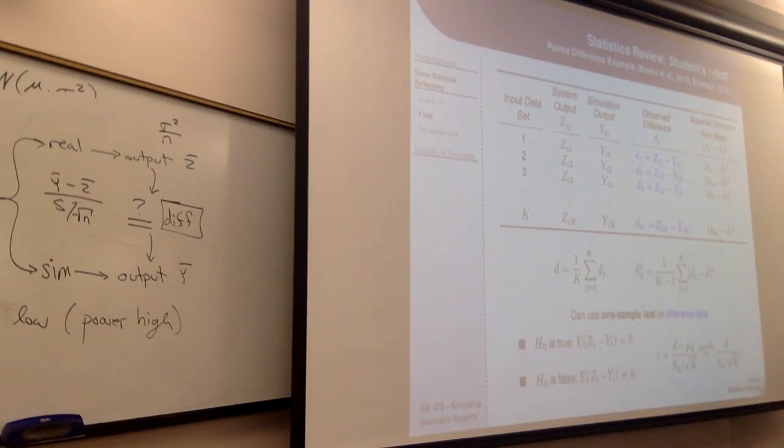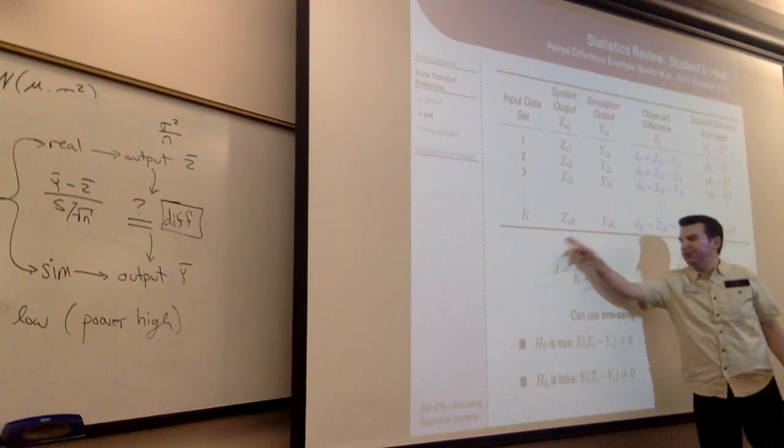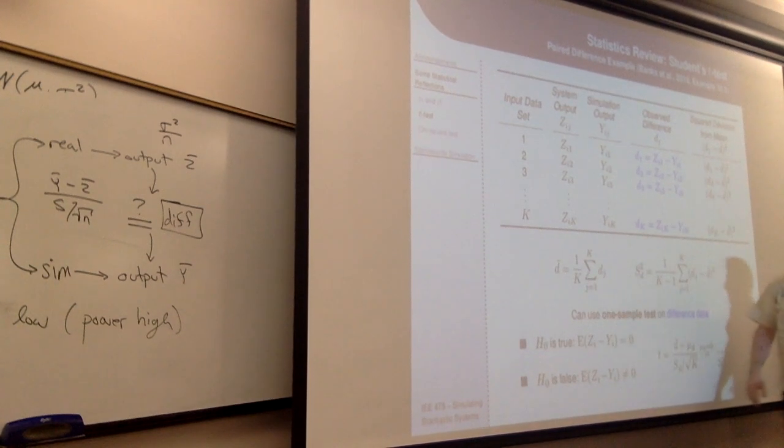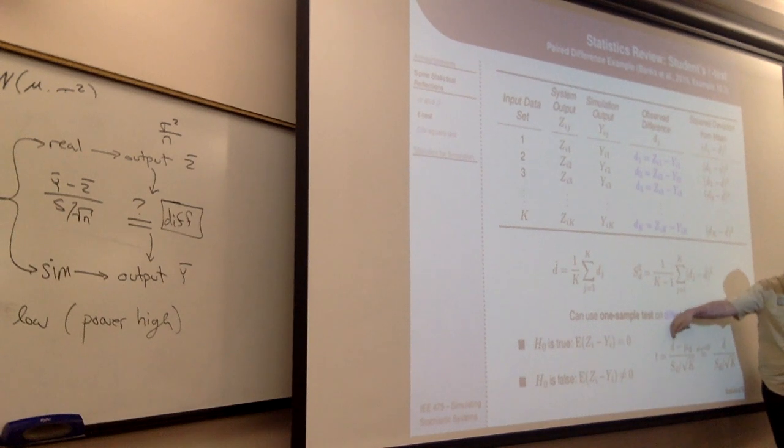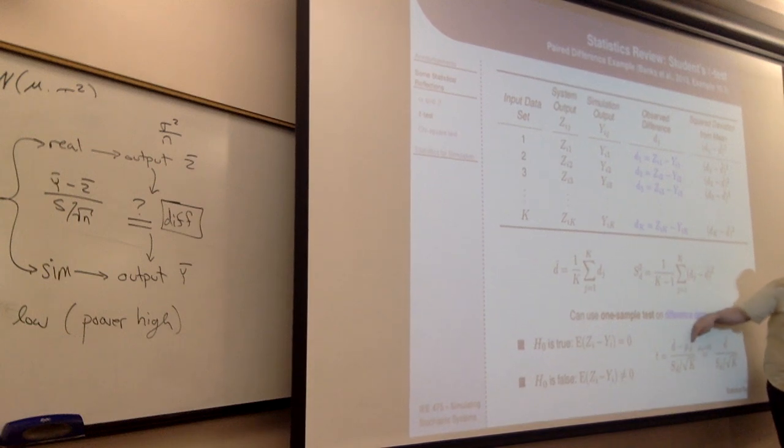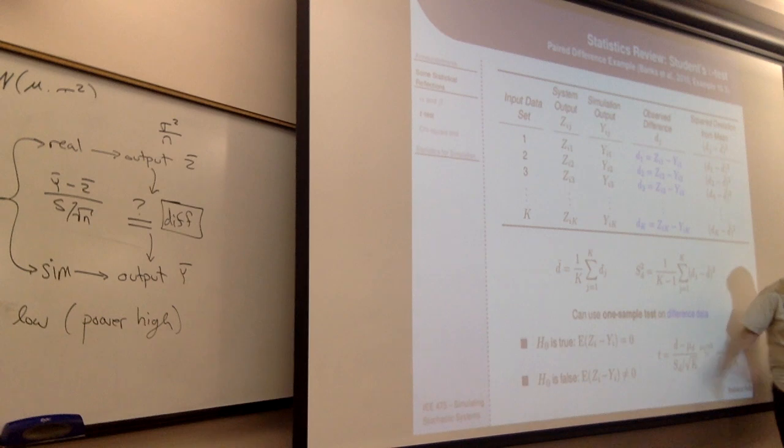If the hypothesis is true, then these differences should have a distribution with a mean of 0. If the hypothesis is false, then the mean should be far away from 0. My t-statistic is down here. It's just my mean minus my hypothesis, which is 0, divided by the standard deviation over the square root of samples.